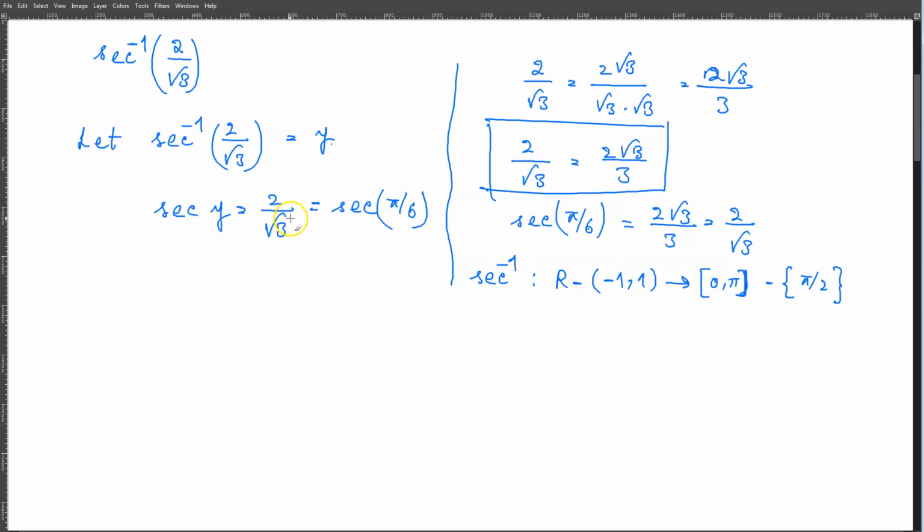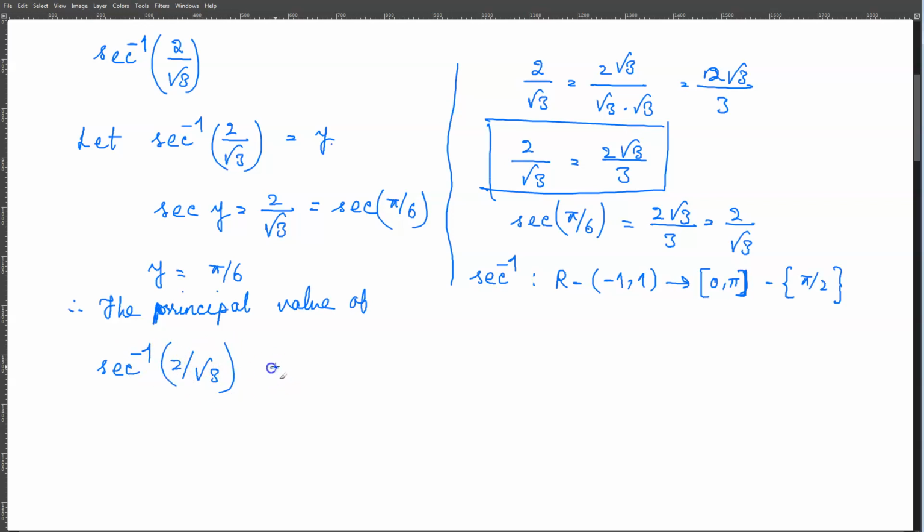So you can say that y is equal to pi by 6, and therefore the principal value of secant inverse of 2 over square root of 3 is equal to pi by 6, right? That was question number 7.